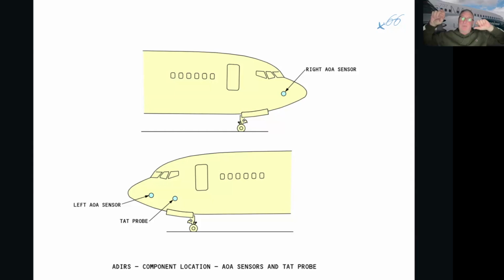This displacement angle is equivalent to the angle of attack of the aircraft, which is taken then as pitch data. It's converted through an ADM to ones and zeros, and then sent to the ADIRU that can understand the pitch of the aircraft, which is part of the attitude of the aircraft, which it produces the picture of.